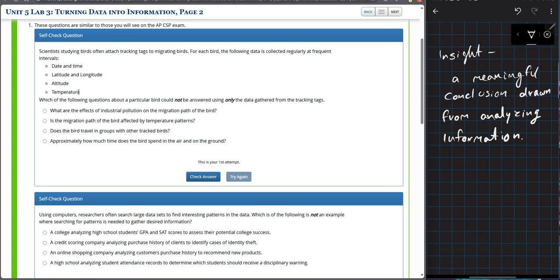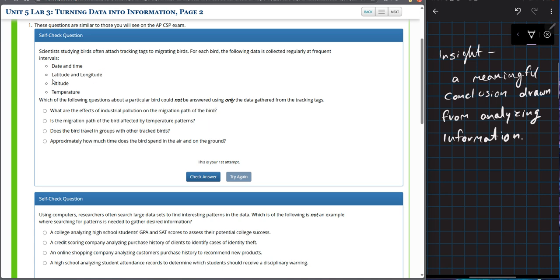So we have this information. There's a lot of insight we can get from this data, right? There's a lot of information we could gather. So let's look at it. What are the effects of industrial pollution on the migration path of the bird? So will we know the path of the bird? We will, right?